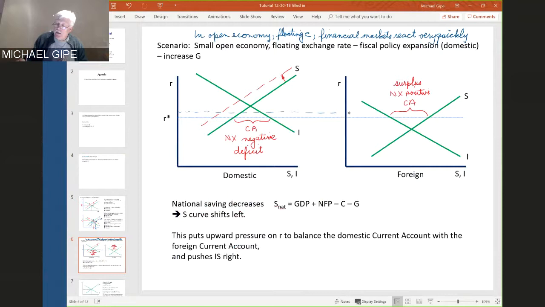So basically, the net export on the foreign side would have to be increased, and the net exports deficit on the domestic side, having been increased substantially by reduced savings, would then further contract a little bit in order to bring the two current accounts into balance.